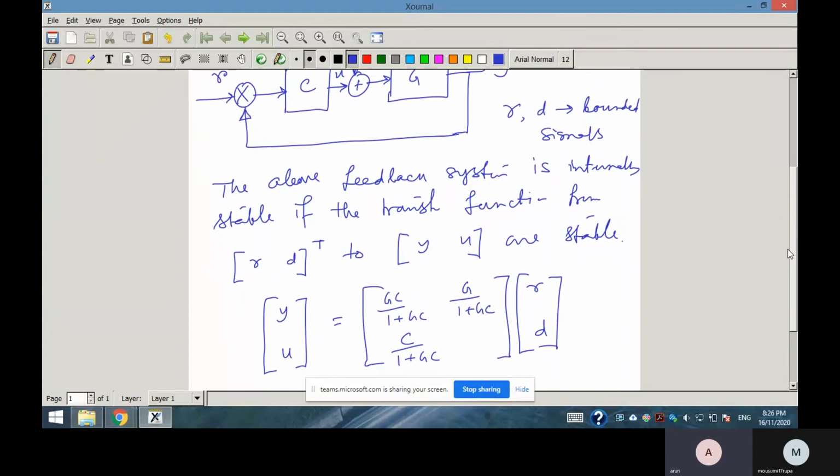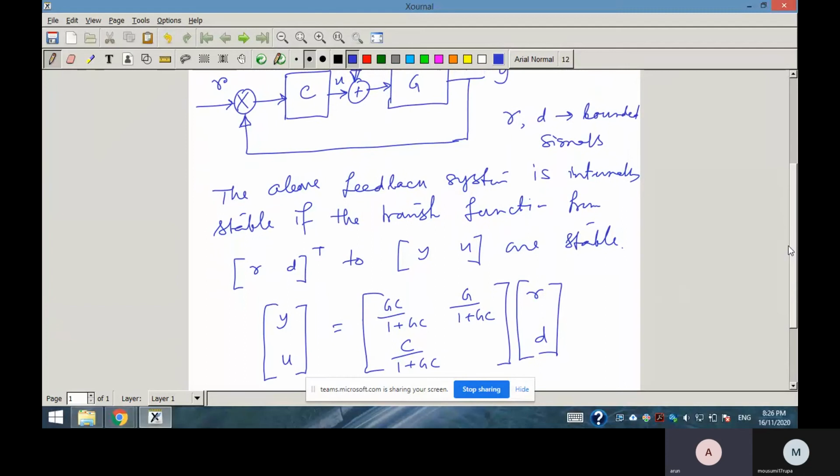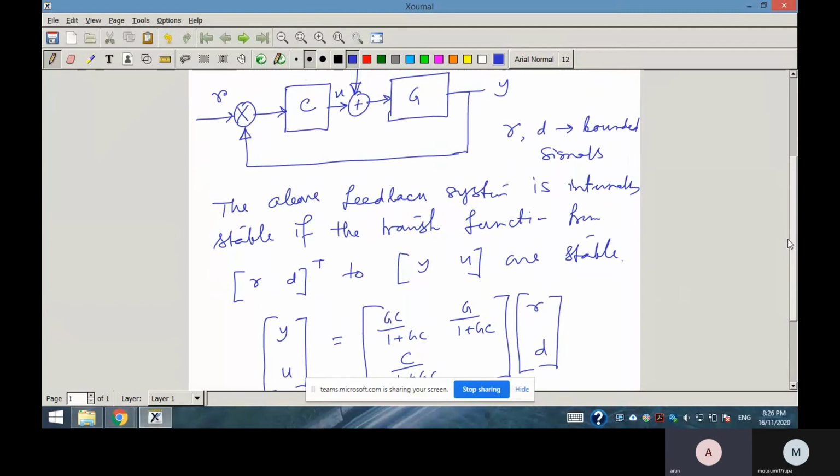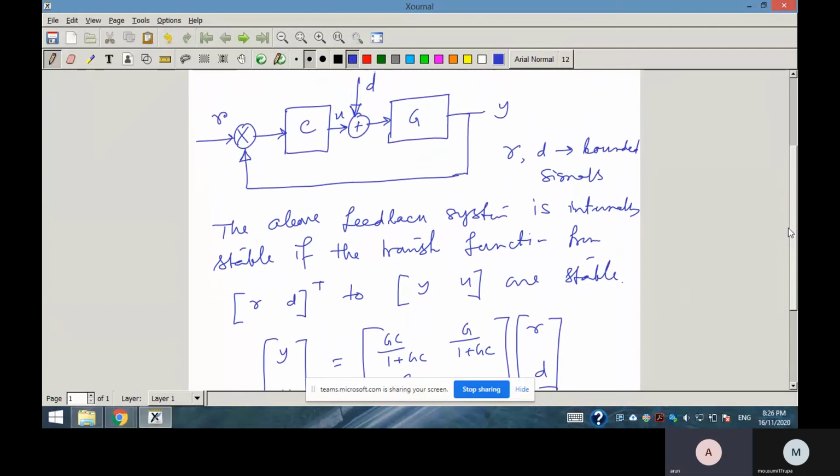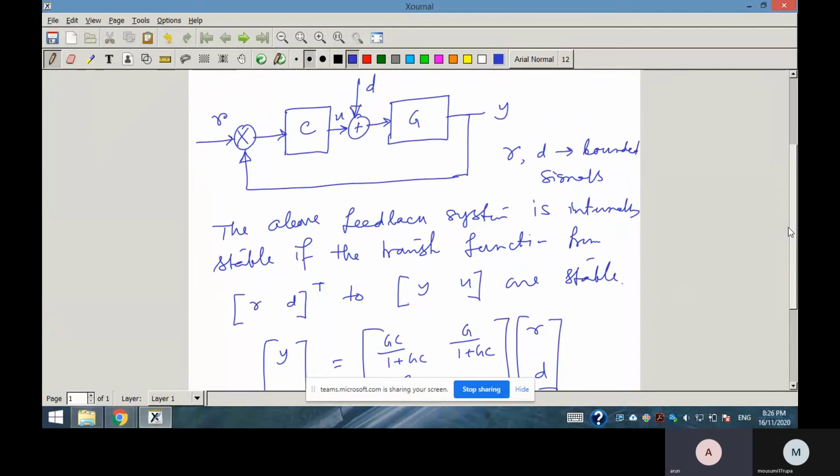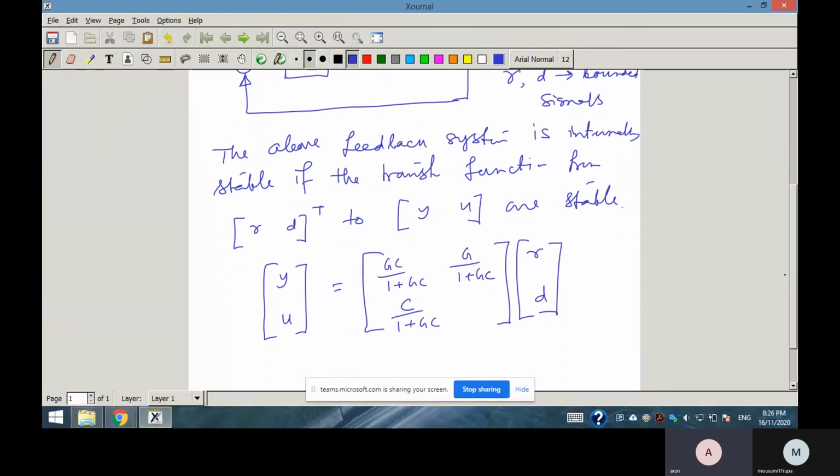U to R is C by 1 plus GC. And D to U transfer function is 1 by 1 plus GC. These are the four transfer functions.